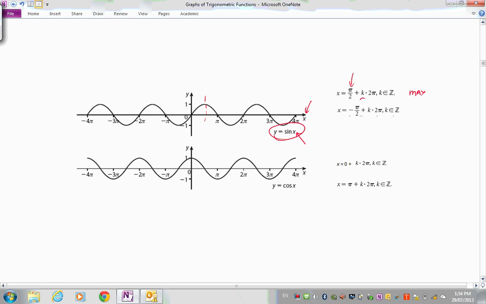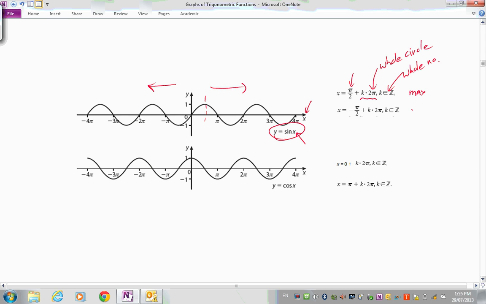And then it's going to repeat itself every time you go around a whole circle's worth. So this is every 2 pi. So this is back around a whole circle again. You're going to get a repeat, as long as you go around a whole number of circles' worth, whole number z. And you can go positively for the angle, that's anti-clockwise, or negatively. Still going to repeat itself as you come back to that position.